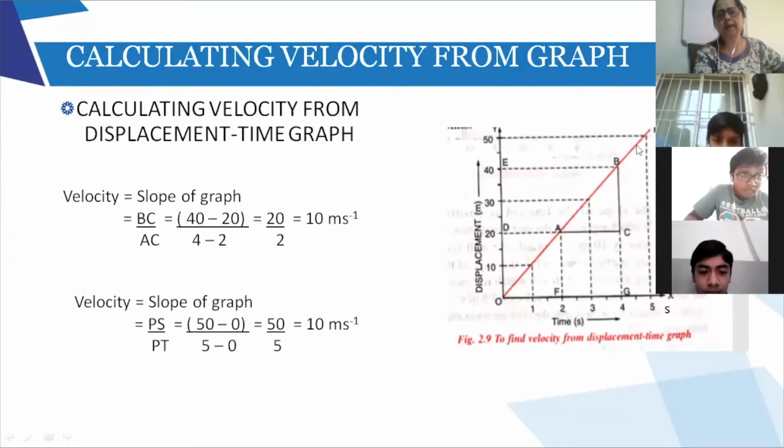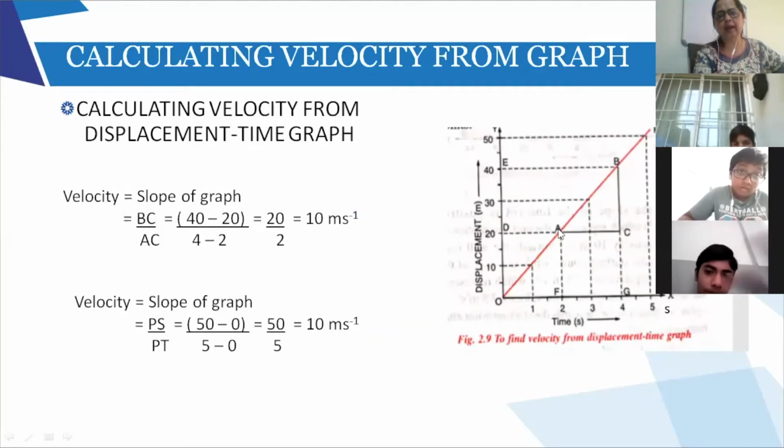So, this is my graph. Can you see the red color line? This is the graph. Now, I take any 2 points. See how to find the slope? You take any 2 points on the graph. So, I took any 2 points on the graph, A and B. Now, from B, I draw a horizontal line to the y-axis. Where does it reach the y-axis? At 40, right?